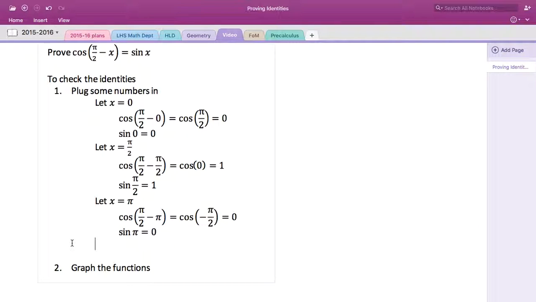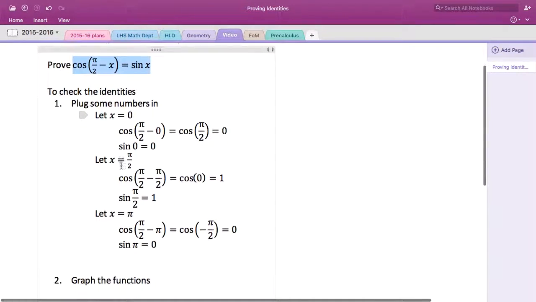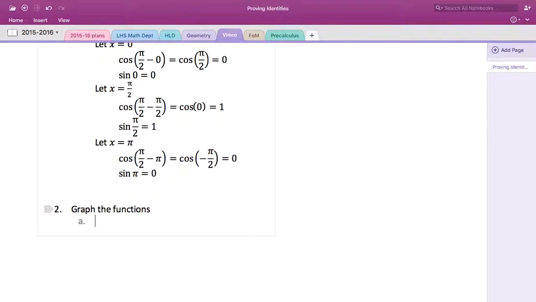Another way to check the identity is to graph the functions. We're going to graph them separately. We graph f of x equals cosine of pi halves minus x, and also g of x equals sine of x.